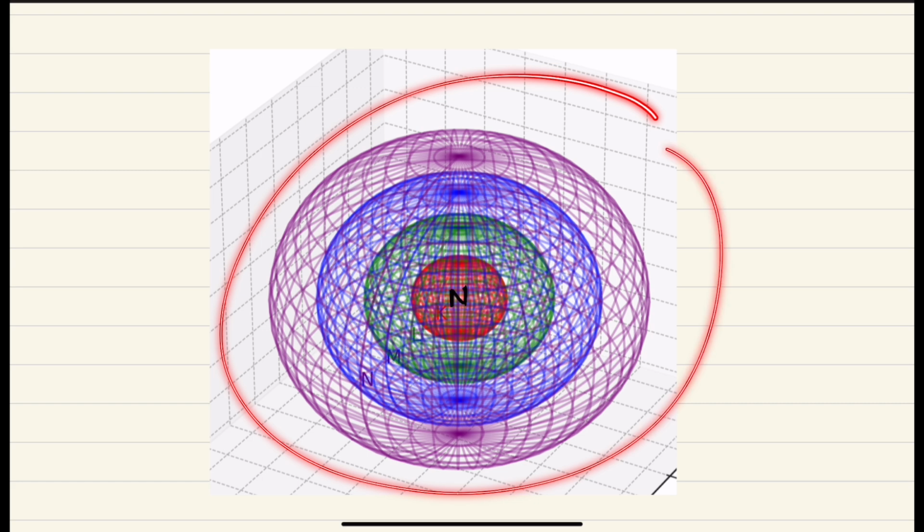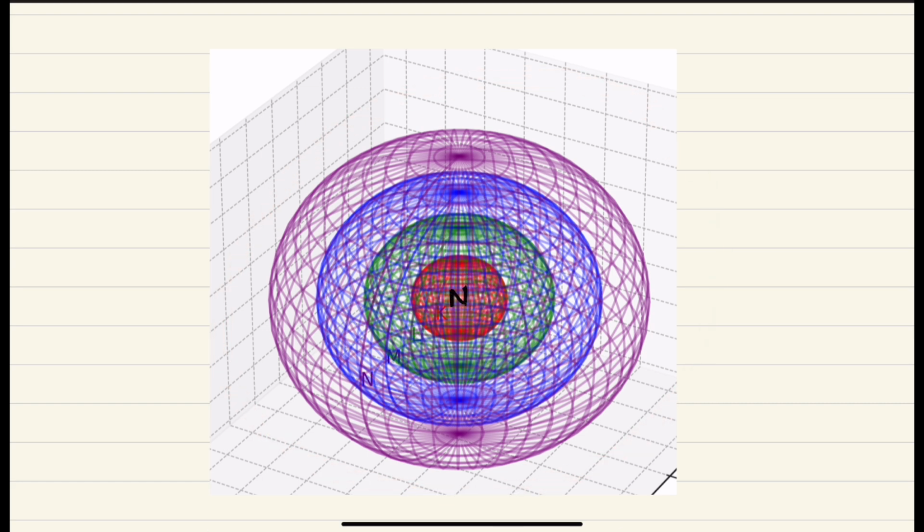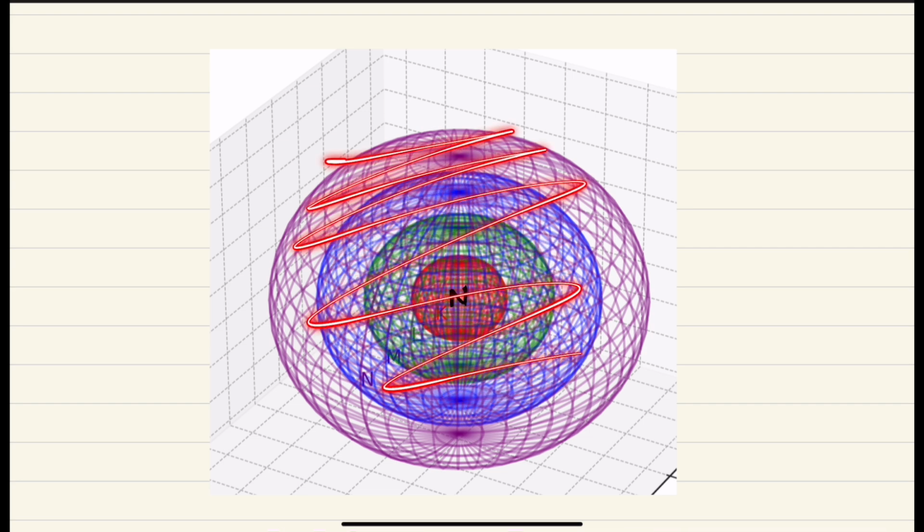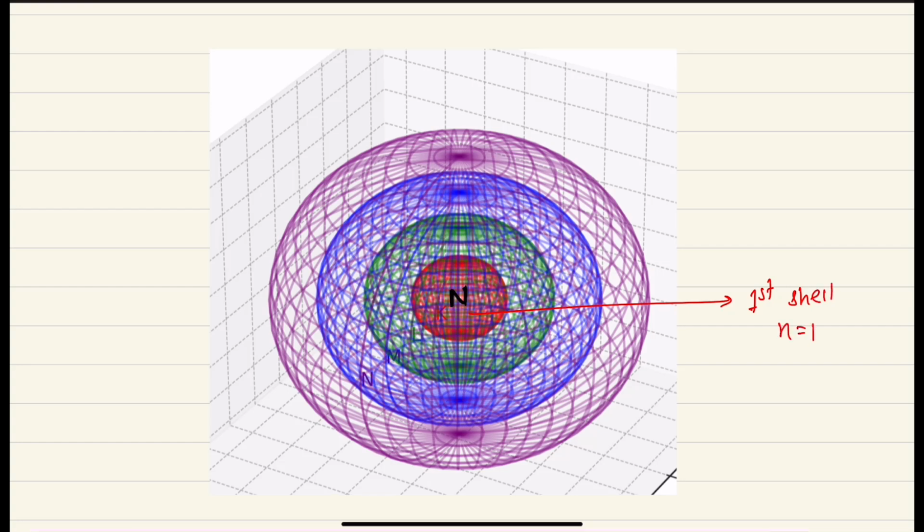Inside the atom you have the nucleus in the center, and around the nucleus you have a region that is called a cell. This concentric red one is the first cell, the green one is the second cell, the blue one is the third cell, and the purple one is the fourth cell. So the first cell, red, means n equal to 1.